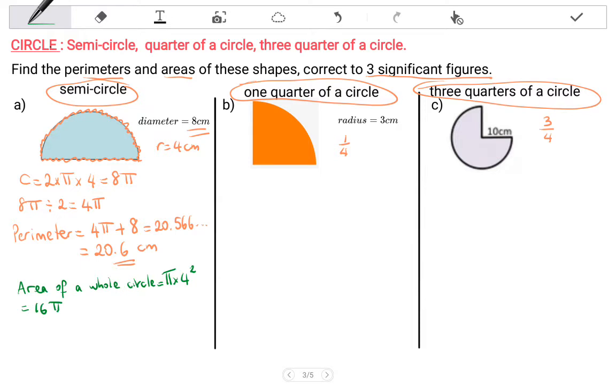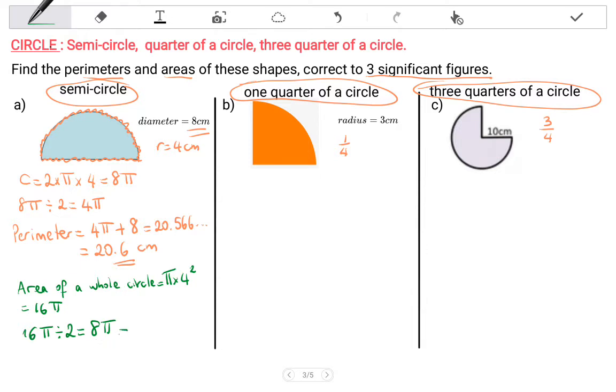Because this is half of it, I'm going to divide this by 2 and get 8 pi, and 8 pi is the area of this semicircle, but it's the answer in terms of pi.